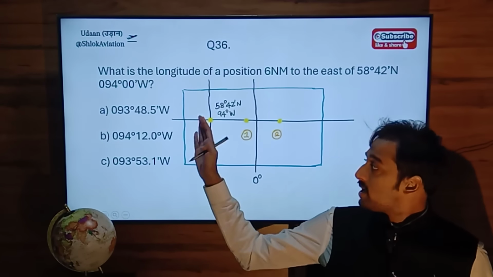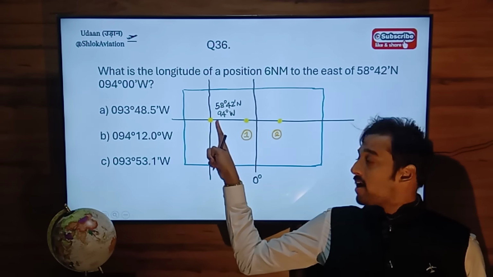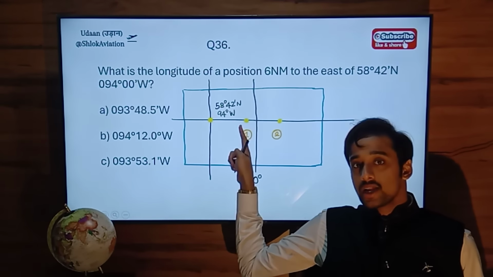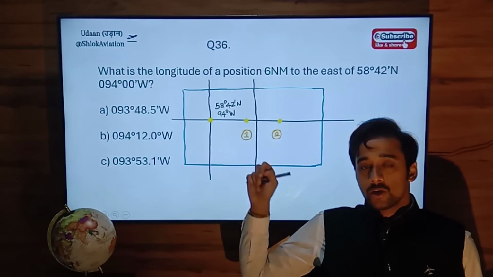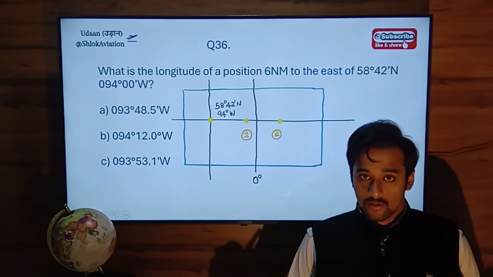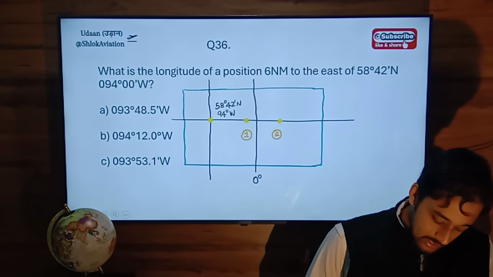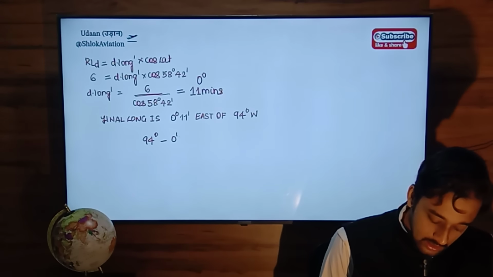So when we are in the western hemisphere and we fly easterly direction, the values of longitude go on decreasing up to 0 degree longitude. Beyond 0 degree longitude, when we fly easterly, the values of longitude go on increasing. Okay, so 94 degree minus 0 degree 11 minutes equals how much?